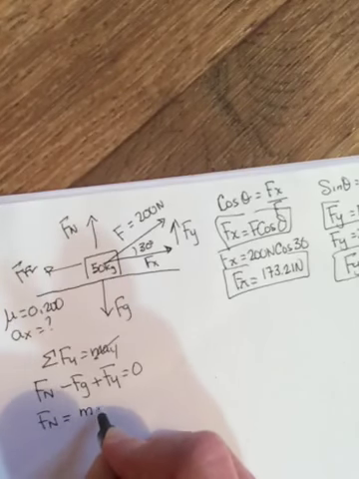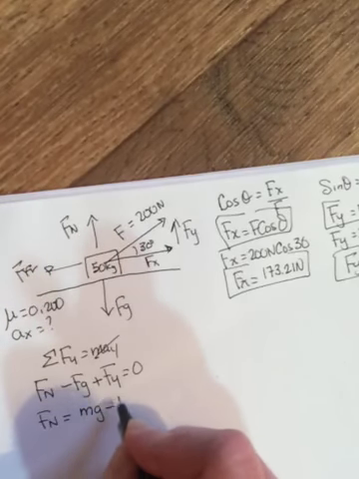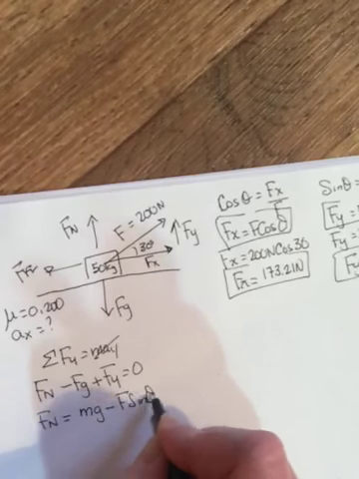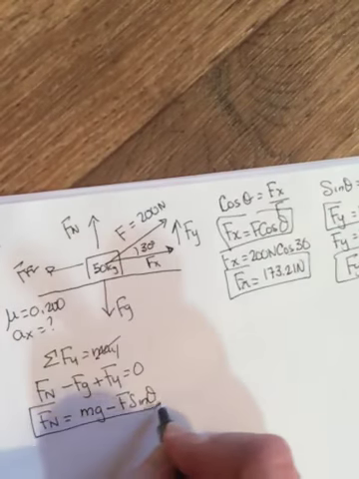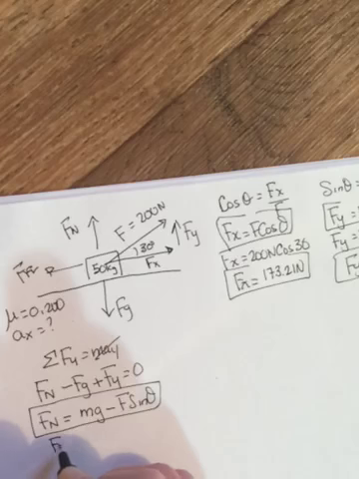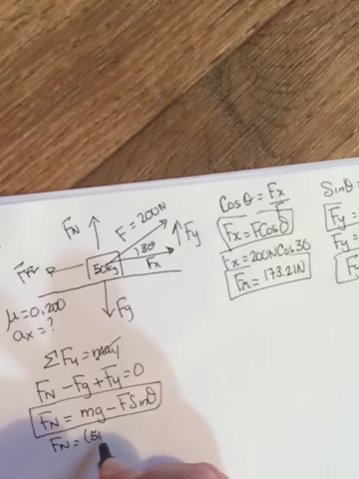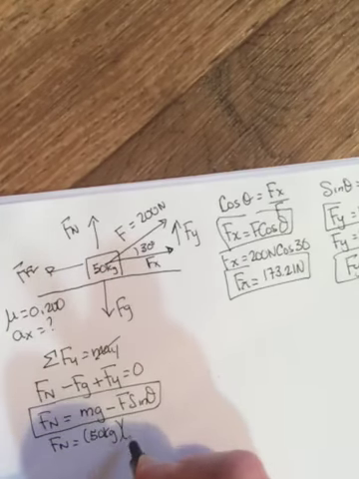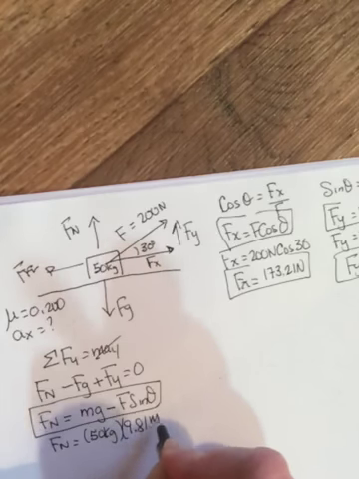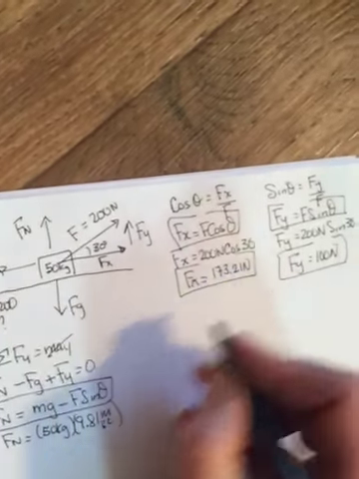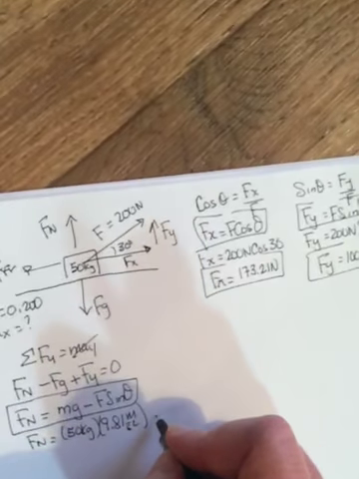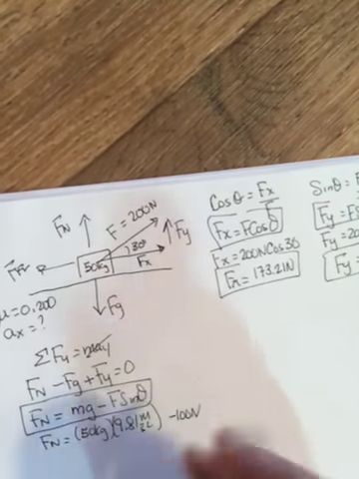So it becomes mg minus F sine theta. You could either stop here, or you could get a value for it. So 50 kilograms times 9.81 meters per second squared. And the F sine theta you had up there was 100 newtons, so minus 100 newtons.